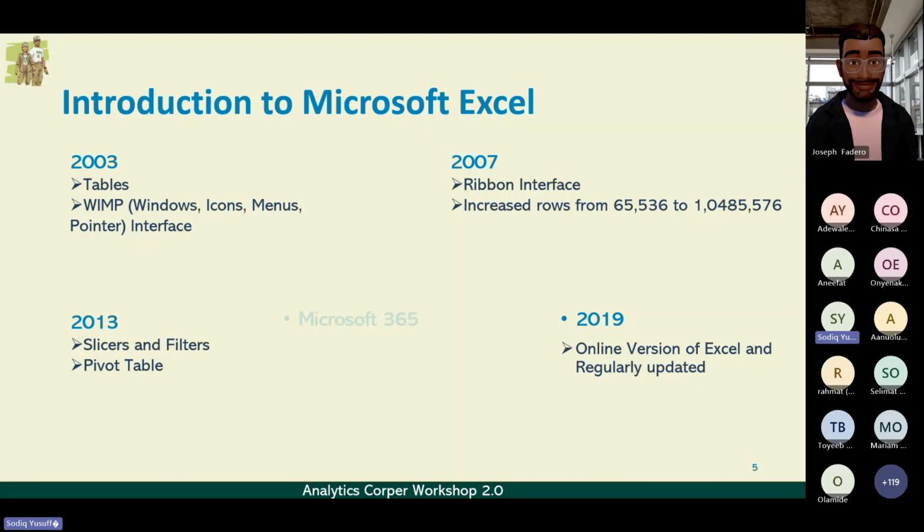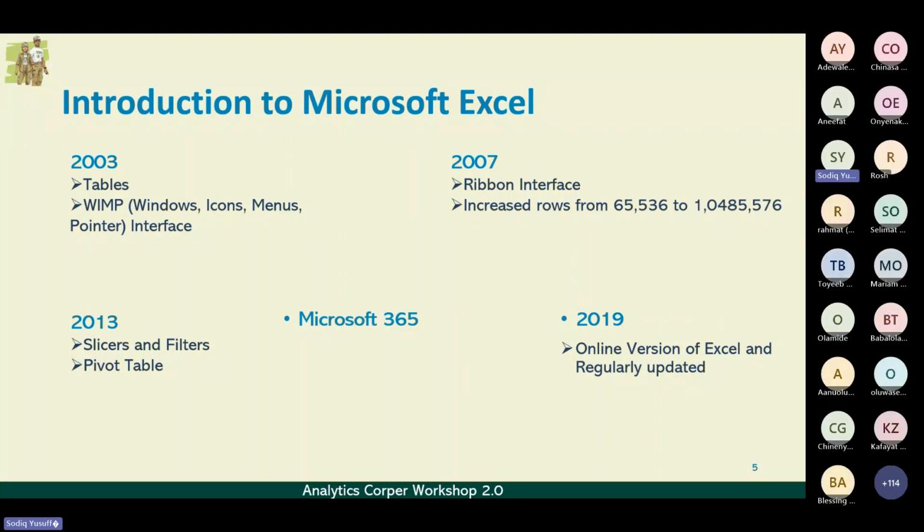After that, we now have Microsoft 365, which is subscription based, and it is also online. It's been updated monthly. In fact, the recent update in Excel is that Python can now work with Excel, or Excel can now work with Python, either way.